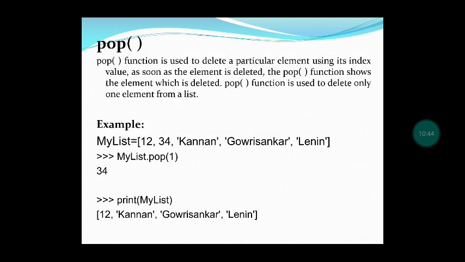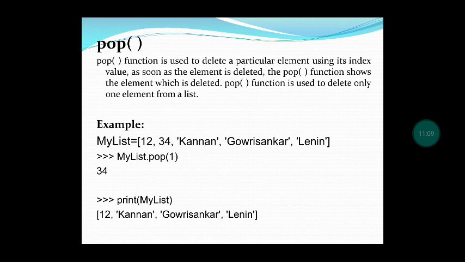Next, we will go for the pop function. This function is used to delete a particular element using the index value. This is also used to delete one element from the list. Look here. Here we have used mylist equal to 12, 34, Kannan, Gauri Shankar, Lenin.